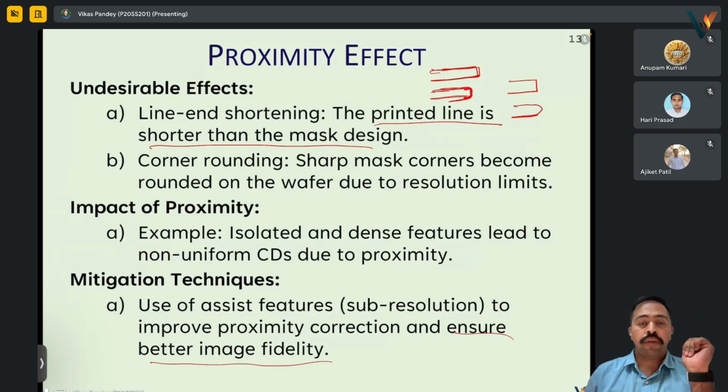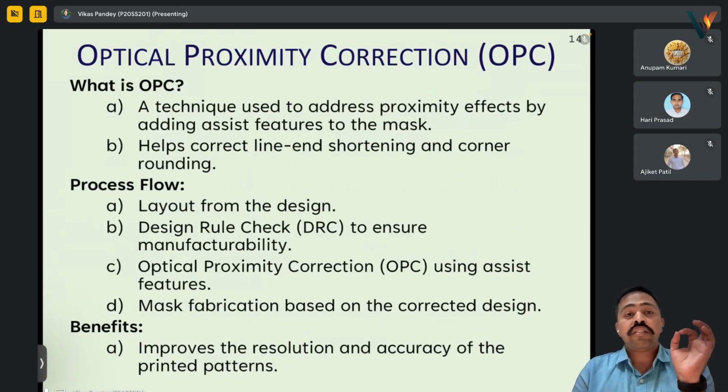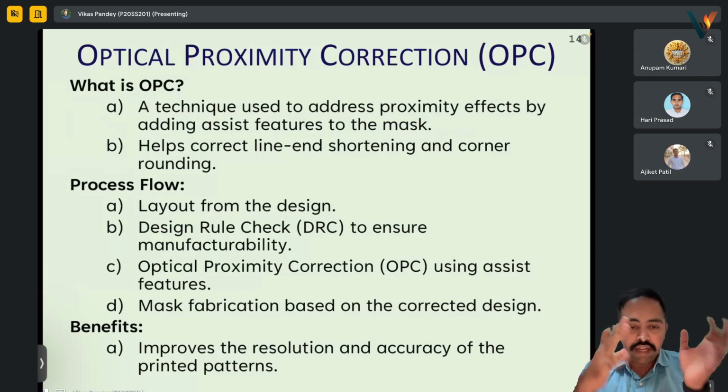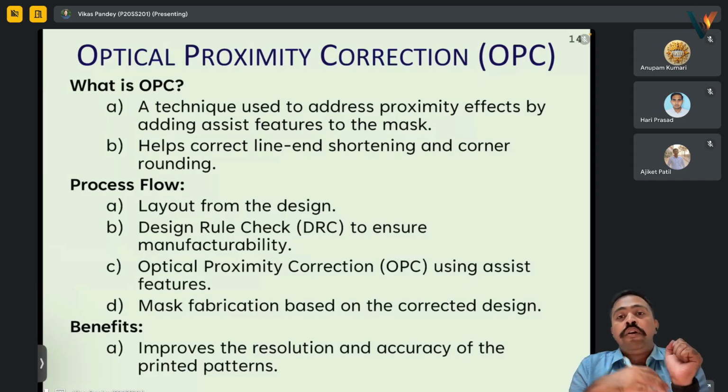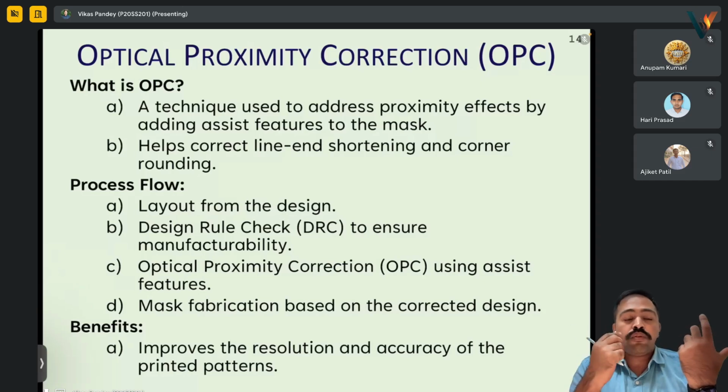So what are these optical proximity corrections? How do we correct this? If we have dense features on our mask and we want them to be perfectly replicated on our wafer, due to this proximity effect and the limitation of our wavelength, it might not be getting properly replicated.